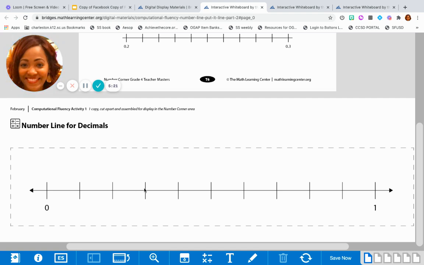You get it? Okay. So I would like for you to draw this number line and add the decimals to the number line based on what you understand about decimals and what we just talked about with how many spaces are between 0 and 1.